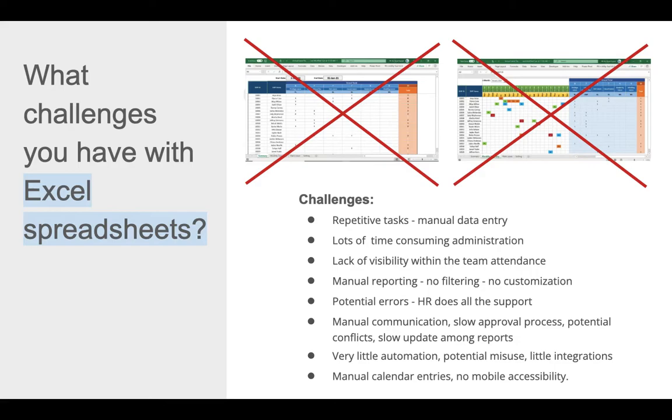So with very little automation, employees possibly misuse their allowances. You have very little integration and no mobile access, besides a lot of manual calendar entries, Google Calendar or Office 365.